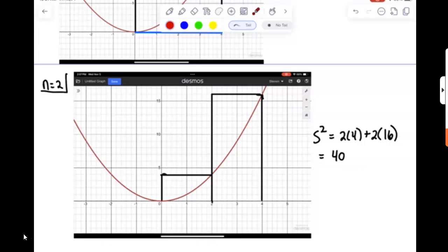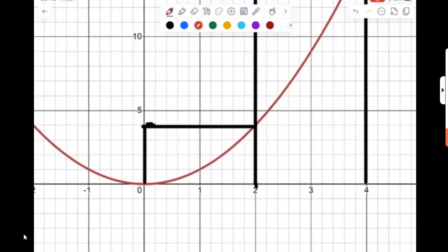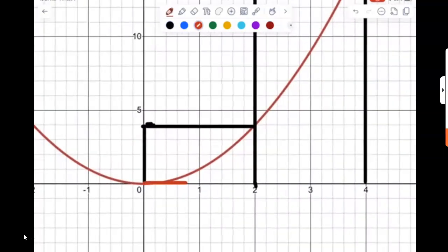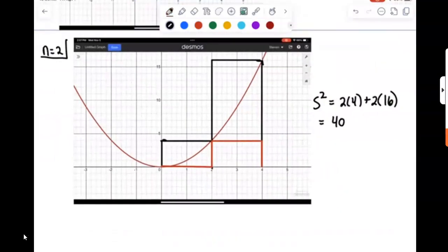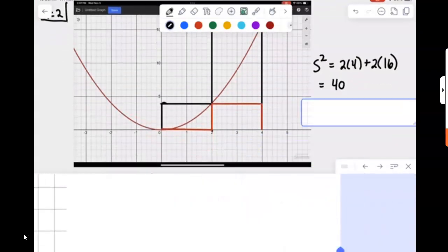And then we do the same thing with the lower estimate. So for the first interval, 0 to 2, I'll take the absolute smallest value, which basically, once again, gives me a rectangle with a height of 0. And then the same thing when we get to second interval, I take the smallest height across the interval from 2 to 4, which would be at 2 squared. And so now we compute our underestimate, S2.